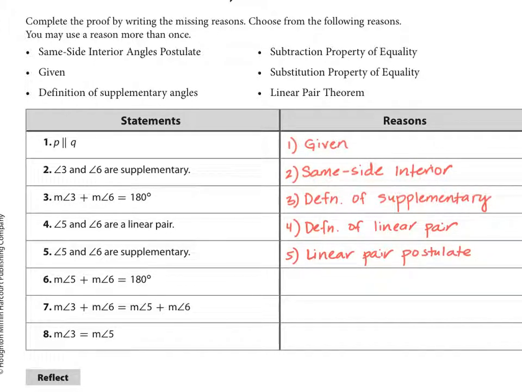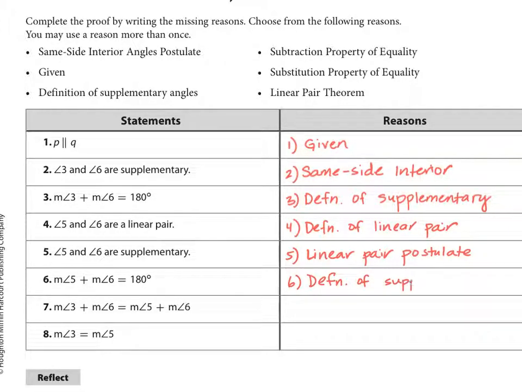So if you don't remember that it's a postulate, if you just write down linear pairs are supplementary, that's the reason why we can make this statement. Next statement is angle 5 and angle 6. The measures will add up to 180 degrees. That's by definition of supplementary because the statement before said they are supplementary. So we know they're going to add up to 180.